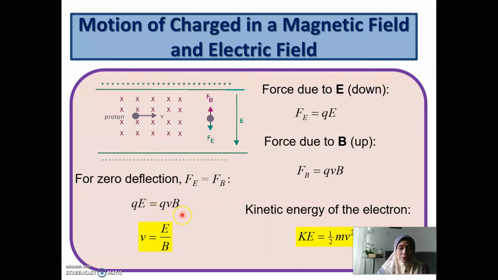So qE equals qvB. In that situation, when the charge moves in a straight line without deflection, we call it velocity selective: v equals E over B. Then the kinetic energy is half mv squared.